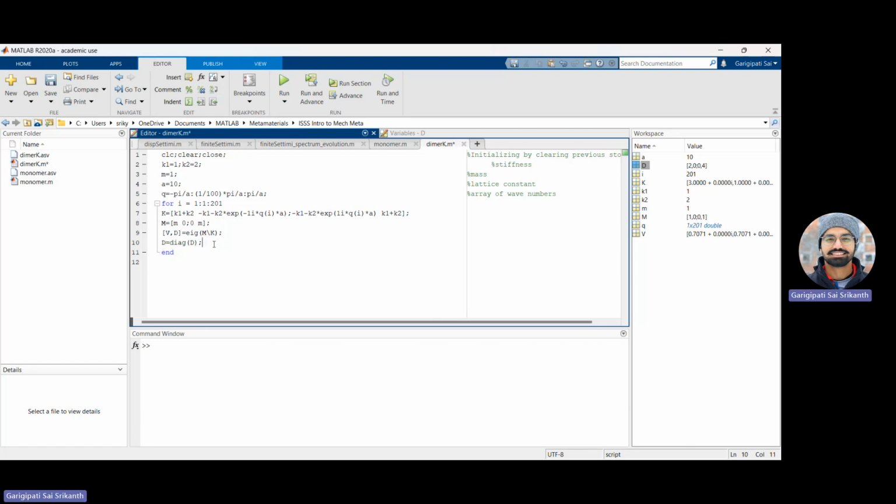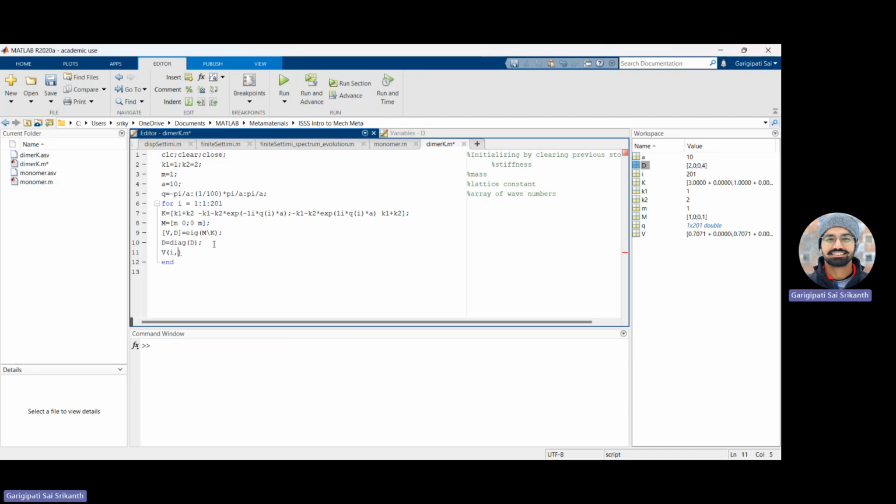Okay, and V. So V of I, I belongs to the eigenvectors. We will store the eigenvectors. They are also useful.